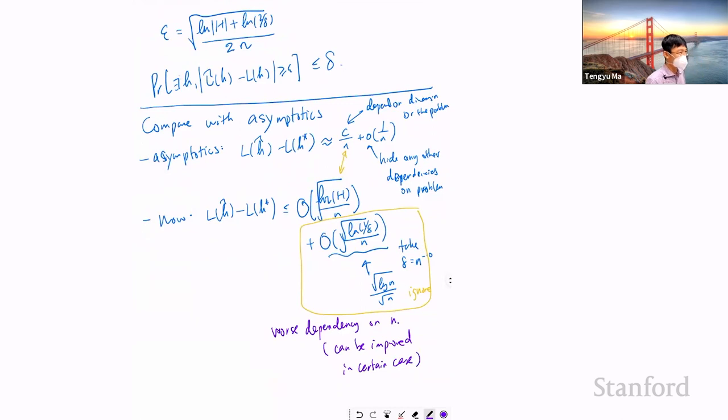In one of the homework questions, you're going to be asked to improve this to some extent. In some cases you can improve this to 1 over n, depending on the situation. But generally you get a relatively worse dependency on n compared to asymptotics. One of the reasons this is happening is partly because we didn't assume twice differentiability.